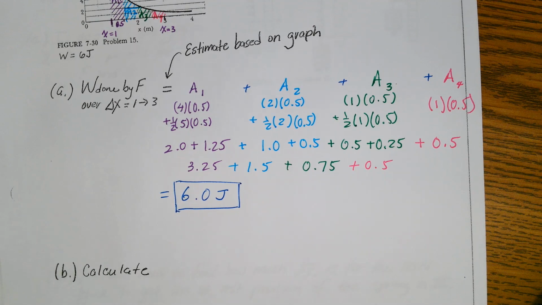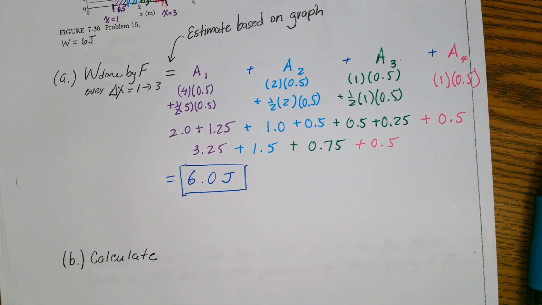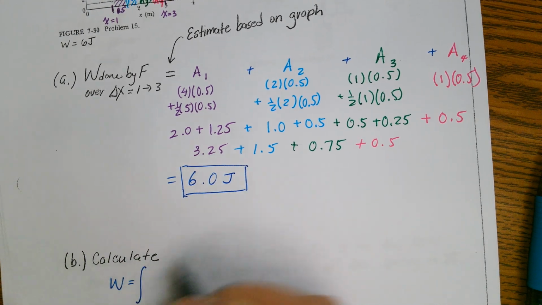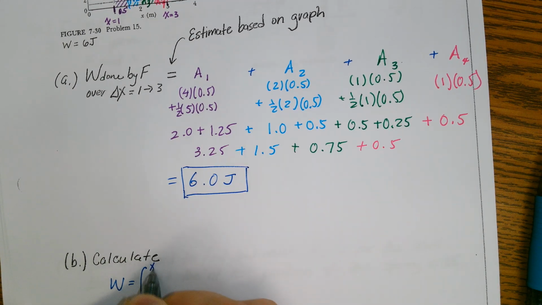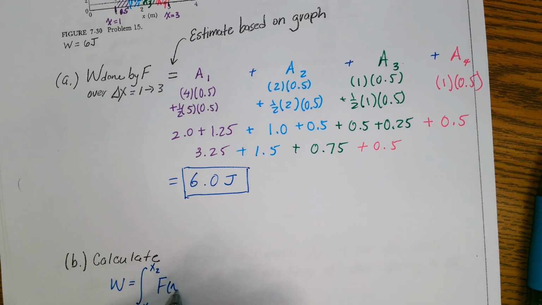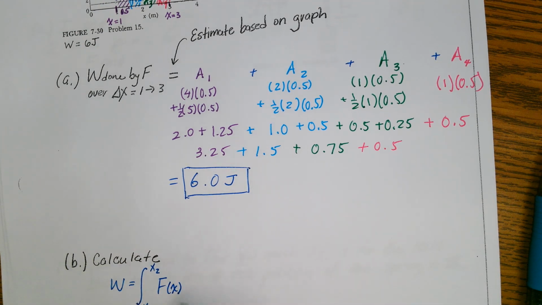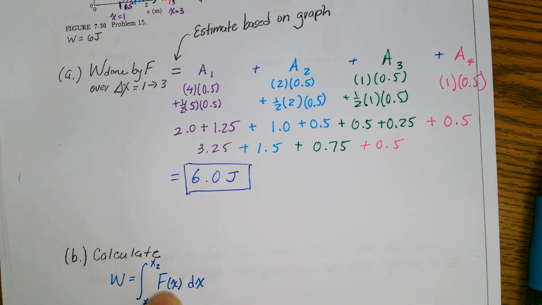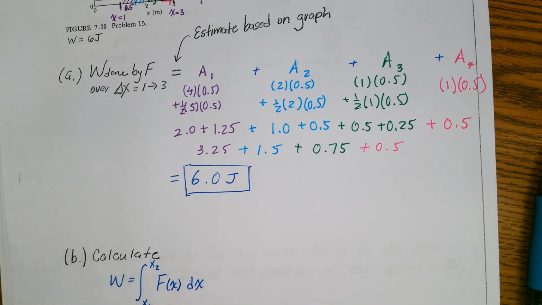All right. Now they want us to calculate using the real function. Since work is equal to the integral from x1 to x2 of the function f of x dx, and f of x is obviously the force function, this is the general equation here.